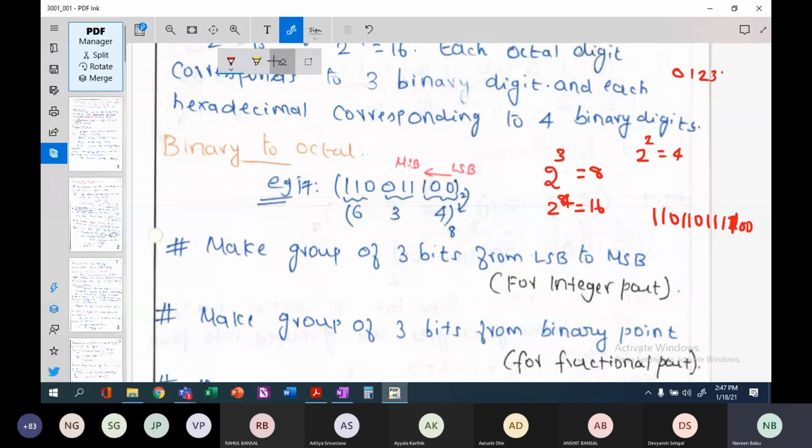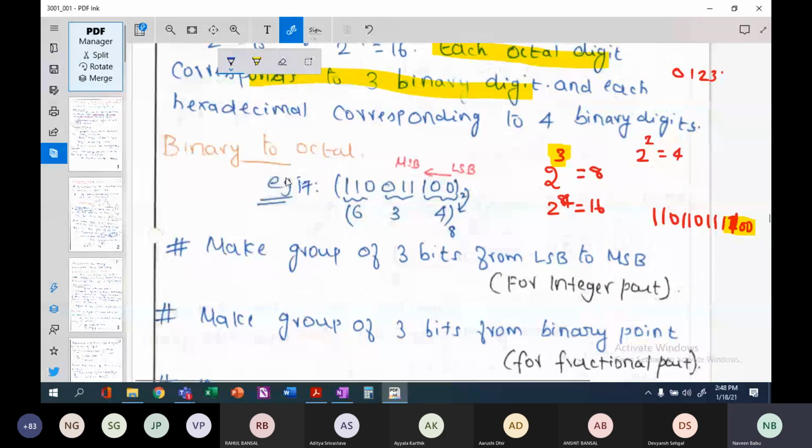All you need to do is separate them into groups of 3, because 2 power 3 is 8, which means each octal digit corresponds to 3 binary digits. So we are going to separate them into 3 binary bits. Always start from the right. So here these 3 can be combined.